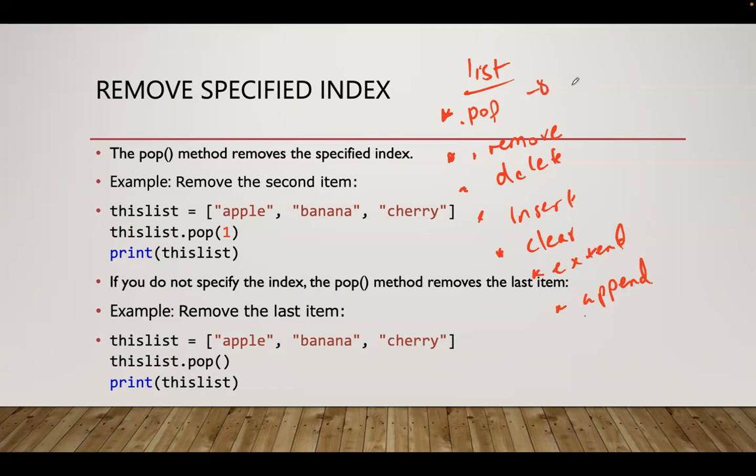So pop would remove what? Remove an index. How many arguments does pop take? It takes one argument. What about remove? How many arguments does remove have?